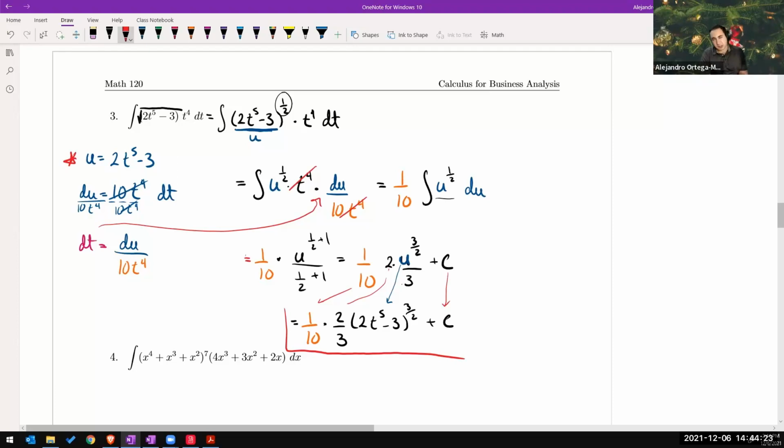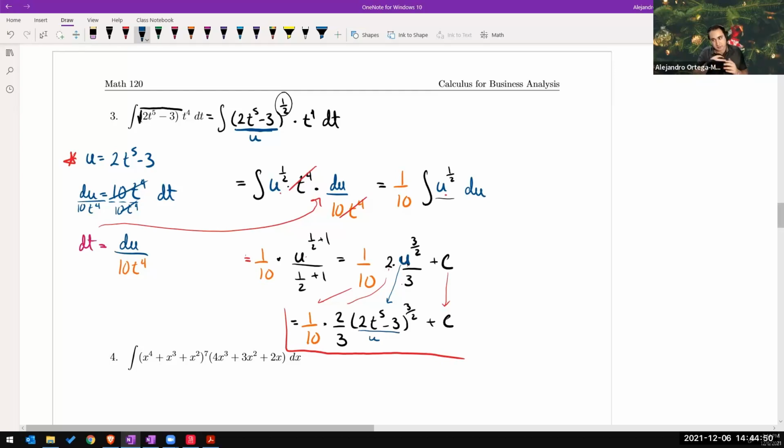So it's kind of like a double substitution. The first substitution is to replace the 2t to the 5th minus 3 as a u, which we did to do the integral. And once you get an answer, at the end, just say, well, I did this with the u, but the u was technically 2t to the 5th minus 3. So we're just putting it back.